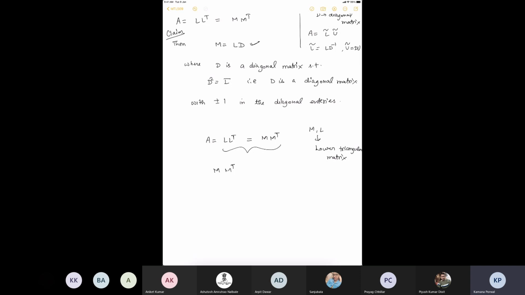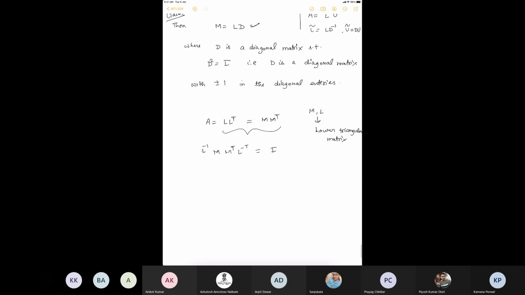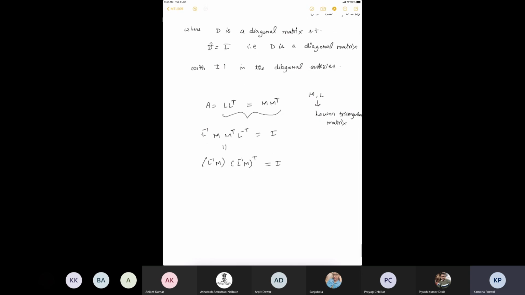Since A is positive definite and symmetric, these matrices L and L transpose are going to have non-zero determinant. That is, they're going to be invertible. Okay, so I can simply write it as L inverse, and this side I will get the transpose of the inverse of L transpose. Okay, and this equals identity. And now let me club this here. So this is L inverse M, and this is going to be L inverse M transpose. So this is equal to identity.